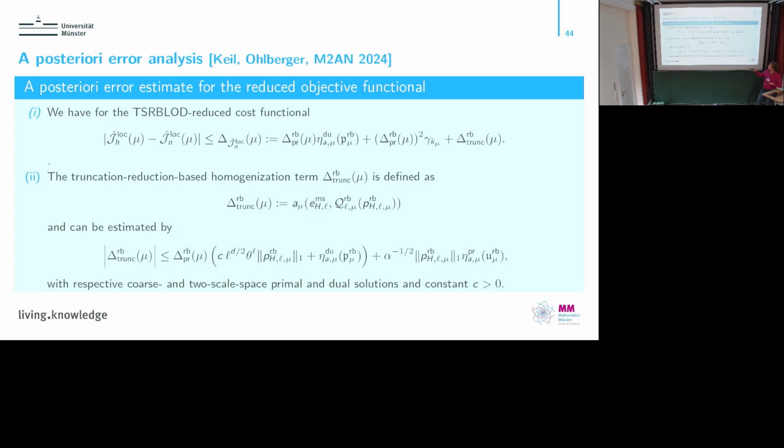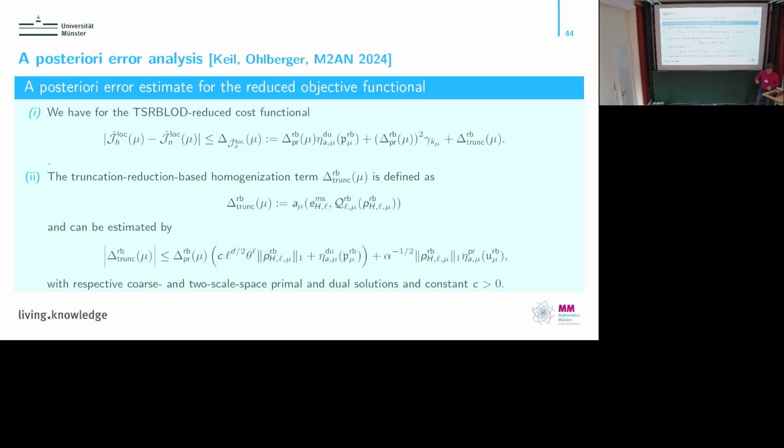And the error that you do by localization that appears if you do a simple bound on that, you see that you get again this exponential rate that you have from the LOD local truncation. So in the numerical experiments, we always assume that we have chosen these overlapping layers large enough such that we can neglect this term.